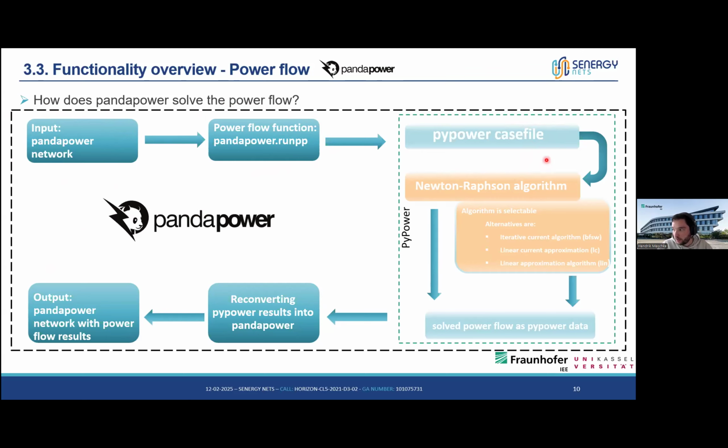The standard one is the Newton-Raphson algorithm, but there are also other alternatives that you can choose here. Then in PyPower, this case file is solved and it's reconverted into Pandapower and into the result structure. And then you have your Pandapower network with the power flow results included. I mean, this seems like, okay, this takes a long time, but it doesn't really take a lot of time. It's like milliseconds. Of course, you can run this power flow calculation in Pandapower.